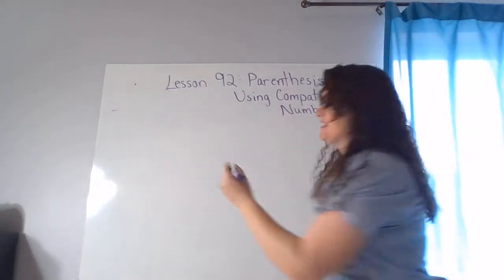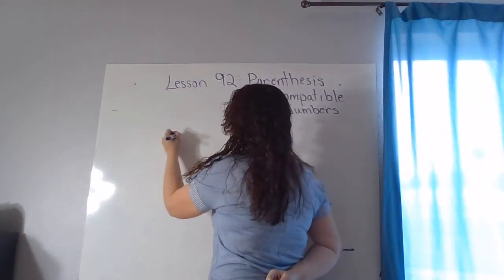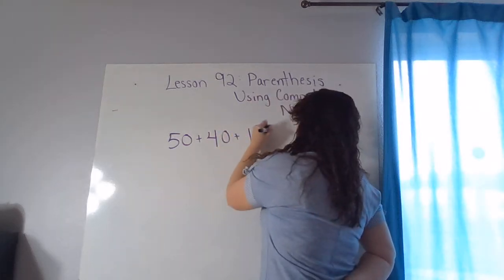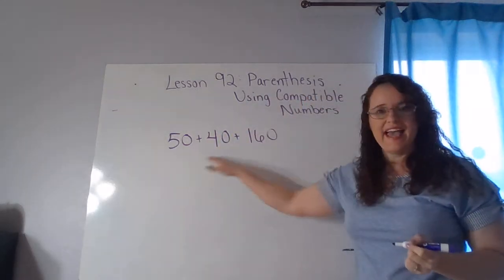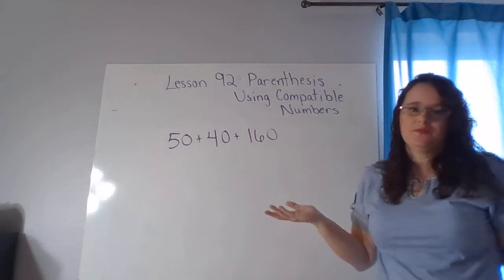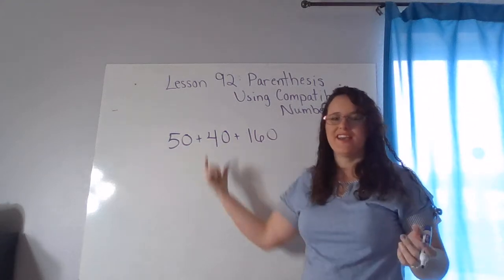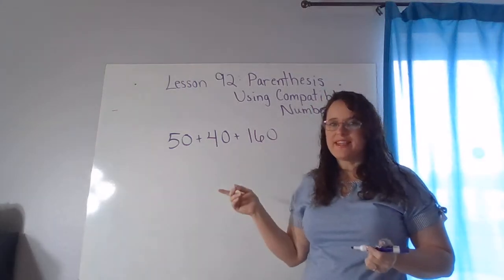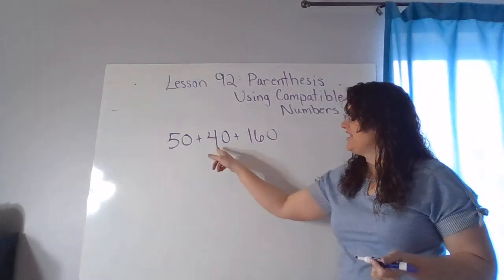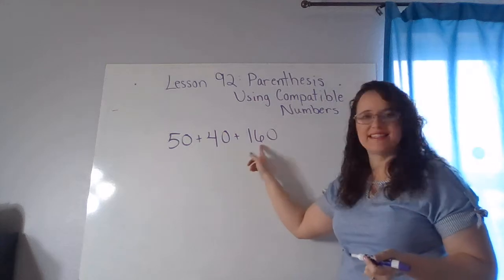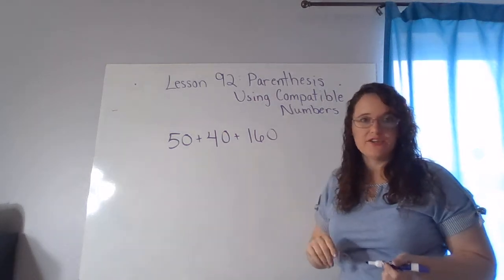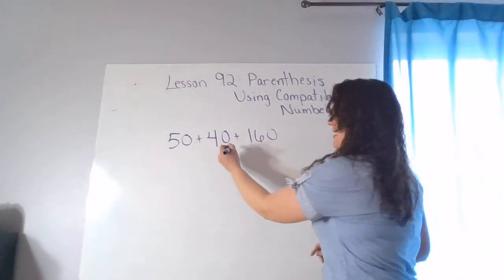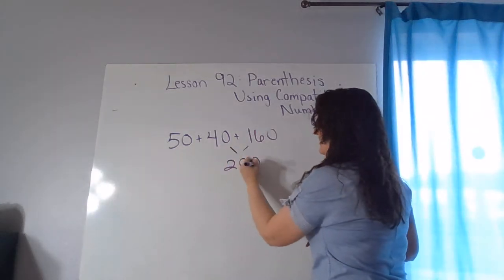So in this example, we are going to add these three numbers. Which ones do I want to do first? I could line them up and add them up that way. Or I could recognize, hey, I know 40 and 60 makes 100. So 40 plus 160, I can do that really easy in my head.